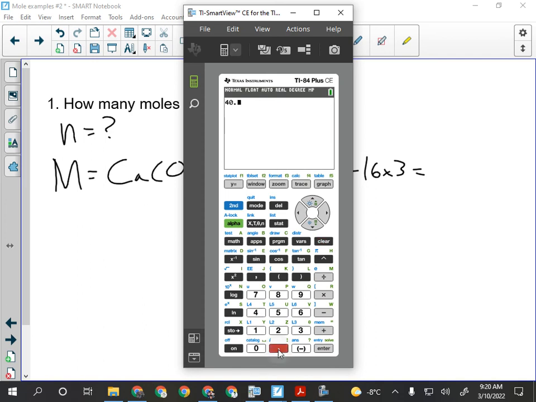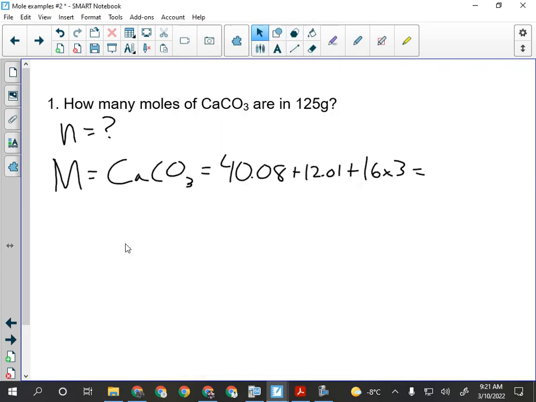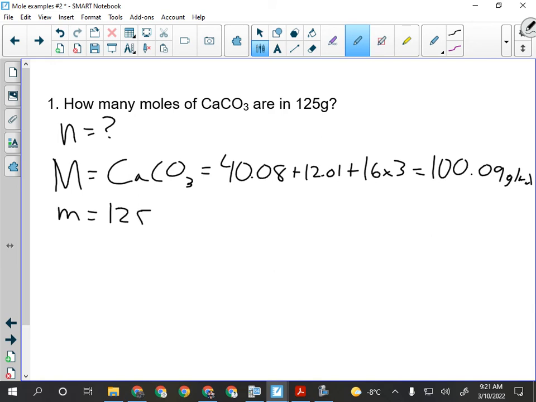So 40.08 plus 12.01 plus 48. Okay, so 100.09 grams per mole is our molar mass. The other thing they tell me in the question is the mass is 125 grams.